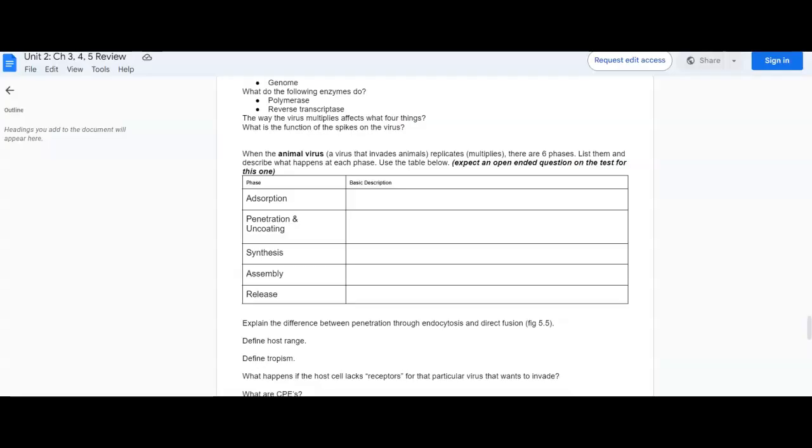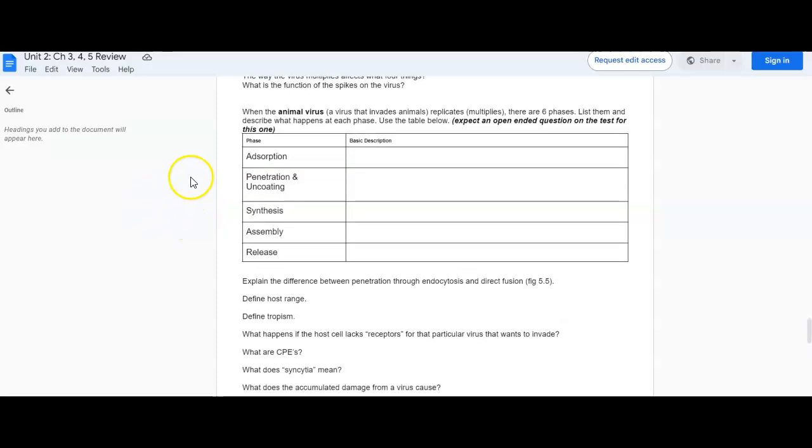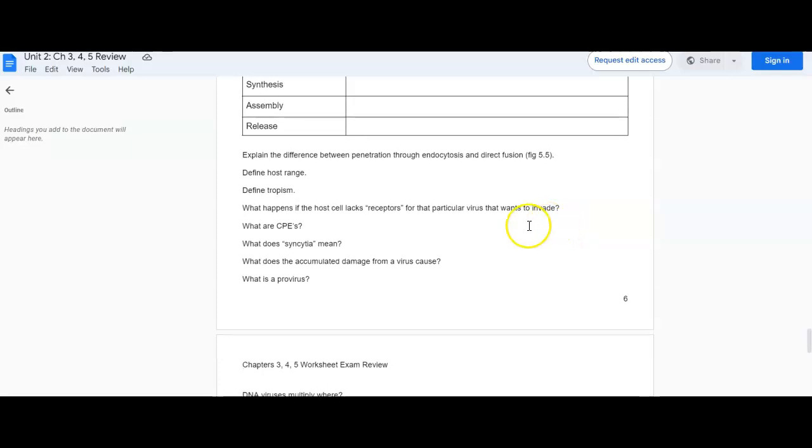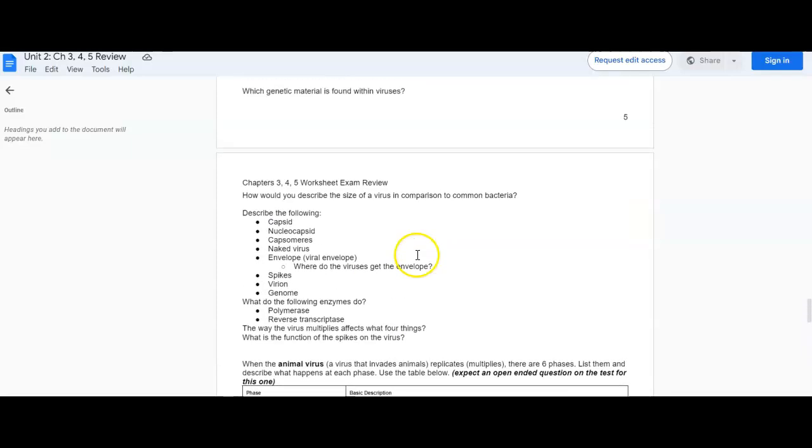So that's what I would definitely concentrate on. You could literally watch that video and then add the description of all these stages of animal virus replication. Obviously, they're also in the PowerPoints and the recorded PowerPoints as well. So that's a good thing to watch.